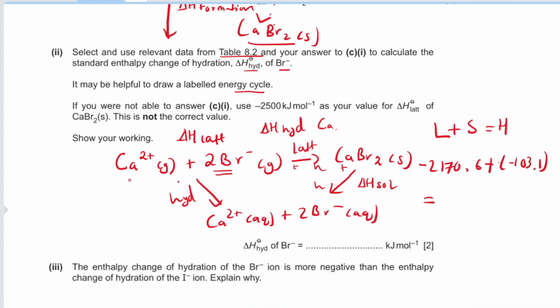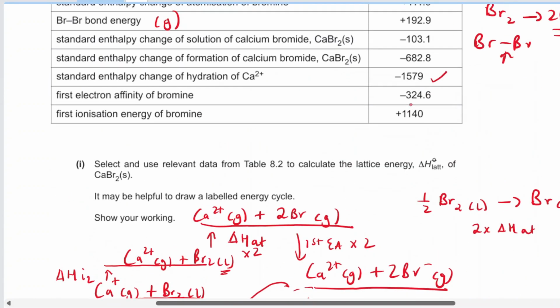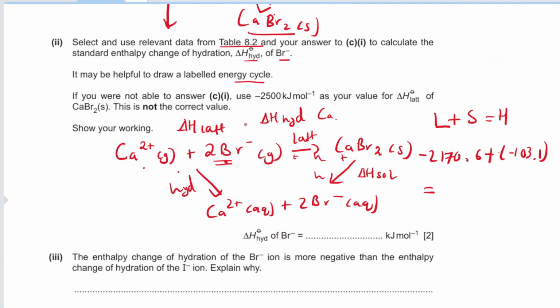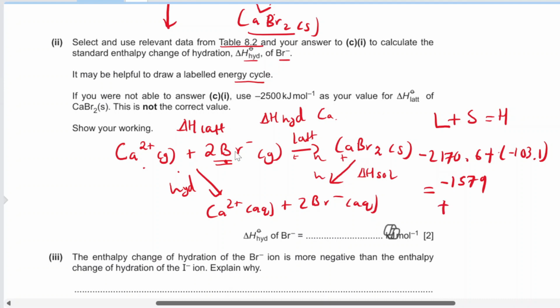I told you it's a combination of hydration of calcium and of bromide. The calcium one is given: negative 1579, plus the enthalpy change of hydration of the bromide ion, which will be 2 times a certain value, let's say x, because that's what we are finding.